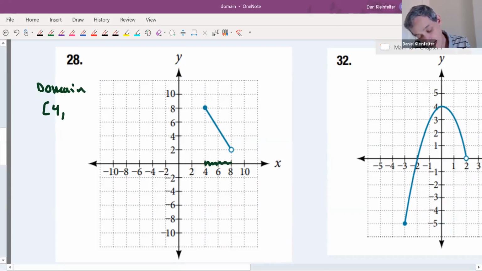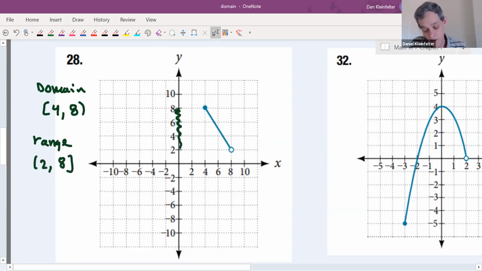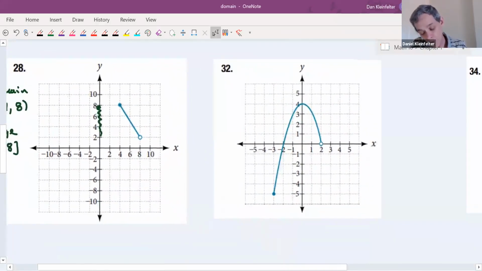And then at the other end, 8, there's a hollow circle, so it will go up to and not include 8. For the range, we want to think about the y values here. So the y values will extend beginning at 2 and going up to and including 8. Make sure that you can see that.